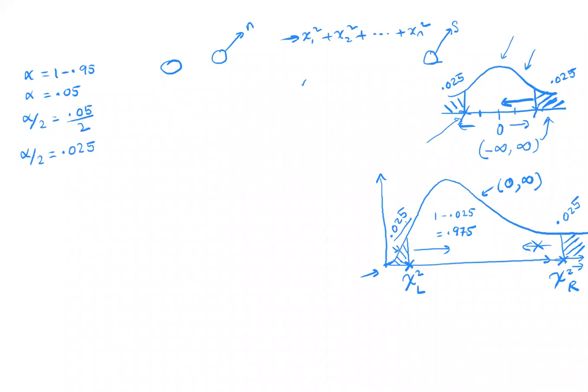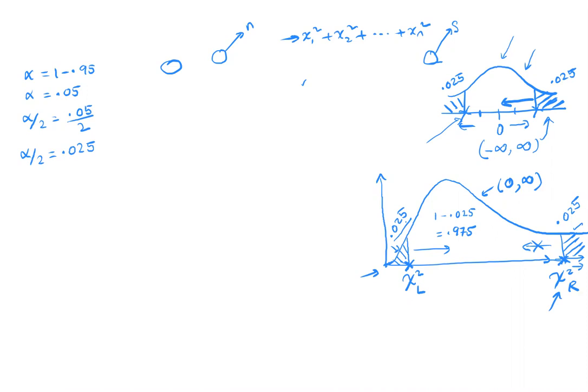To the left is 0.025, so 1 minus 0.025 is 0.975. And to find this point here to the right, we are looking at the area to the right, which is already 0.025.